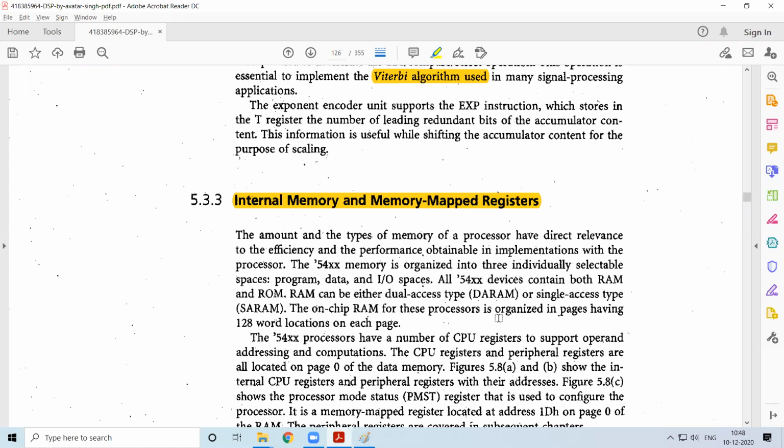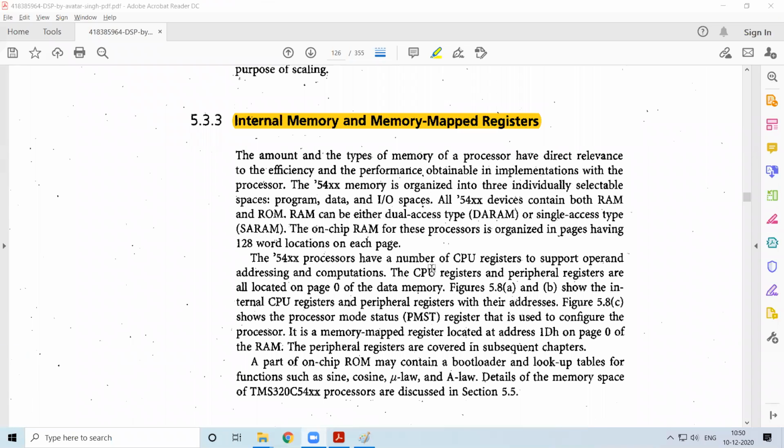Again, in this you have a concept termed paging. So here we have the program memory related over here. One thing to remember is that the on-chip RAM memory can be organized in pages. Each page contains 128 words, and one word is identified as one location.